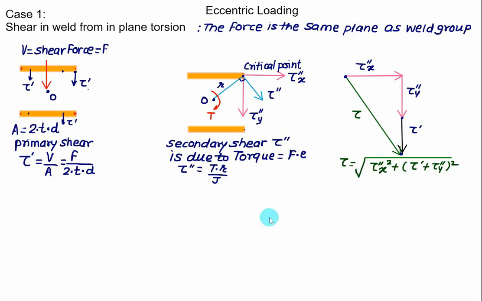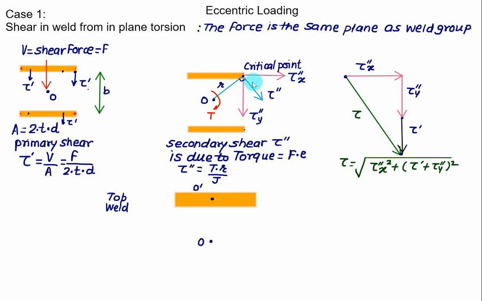Now the question comes, how are we going to calculate tau double prime x and tau double prime y? We know that tau double prime is given as T multiplied by r by J. So using this concept we can calculate tau double prime x and tau double prime y. Now check the procedure to calculate tau double prime x.